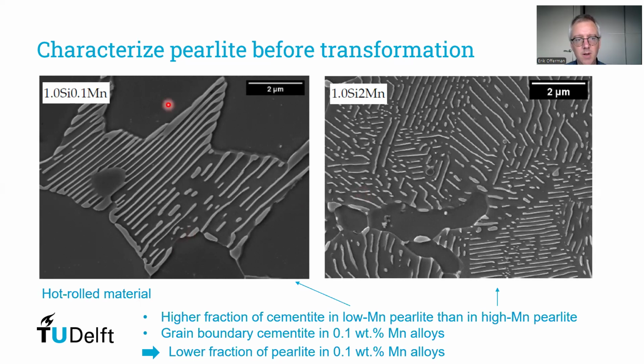So when we characterize the starting microstructure, this is the hot rolled material for the lower content of manganese, and here the higher content of manganese, we see a higher fraction of cementite in the perlite in these alloys than in this case. And we also see here grain boundary cementite. So in the end, we have lower fraction of perlite in these lower manganese containing alloys.